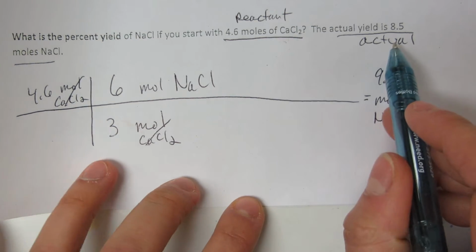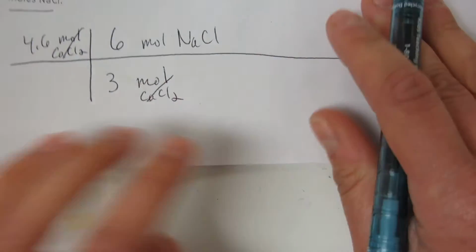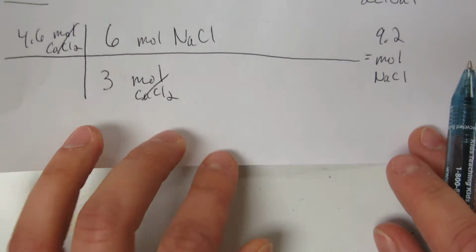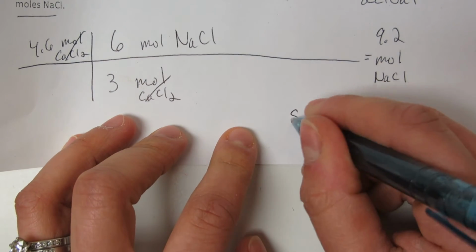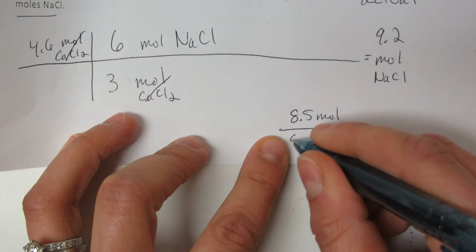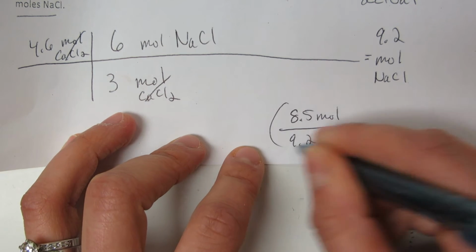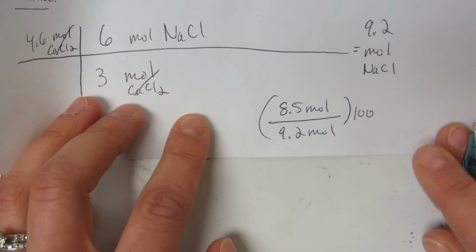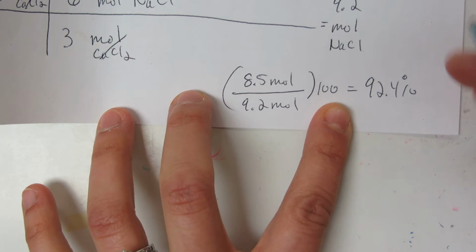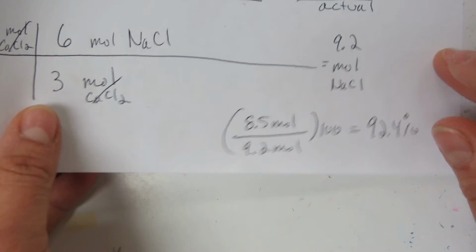You actually made 8.5. So using the equation, we do actual divided by theoretical: 8.5 moles divided by 9.2 moles, times 100, and you get 92.4%.